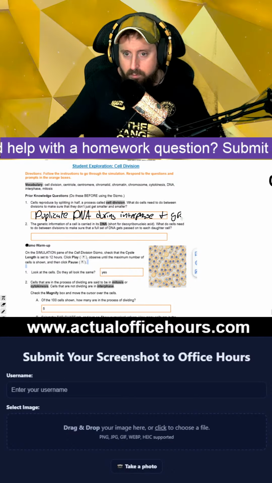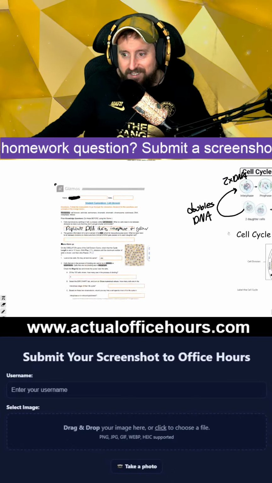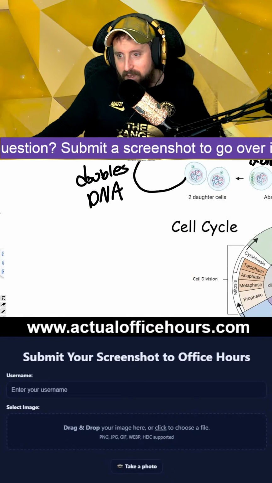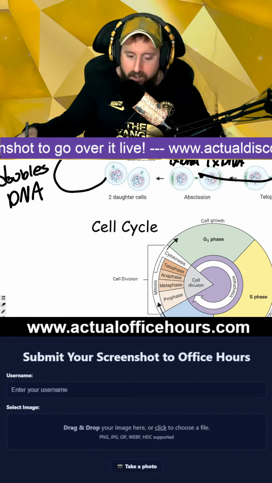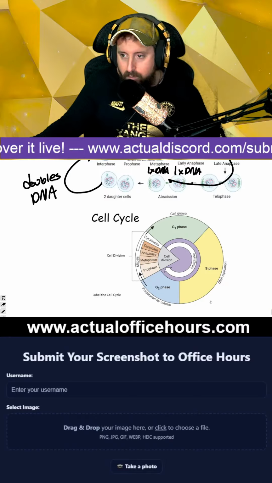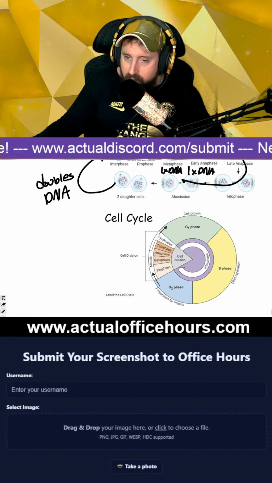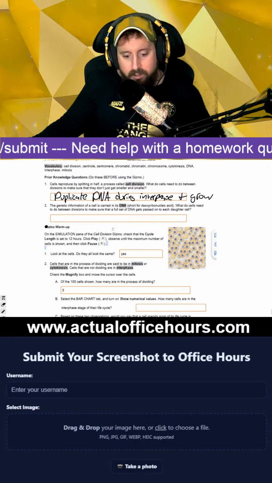And also they need to grow, right? The cells need to grow. And I think that's what they call the G1 phase. All of this is interphase, but interphase can get broken up into a couple different subphases. Does that make sense, River, so far?